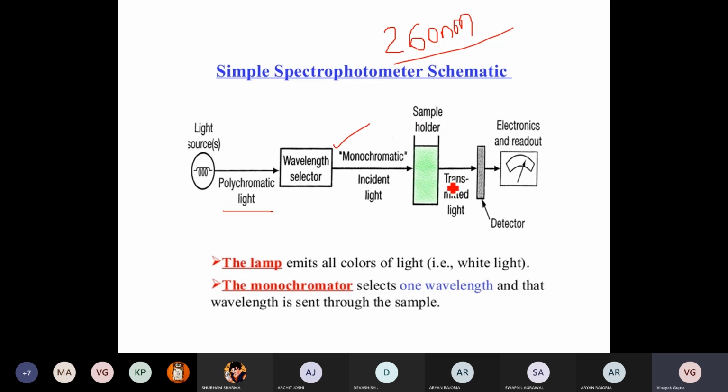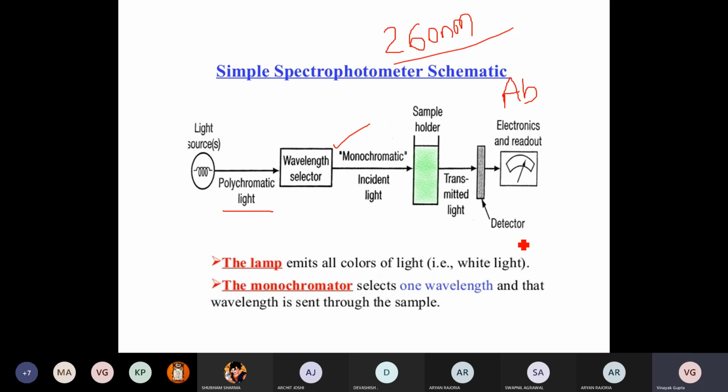Then a sample holder is there where we can fit our cuvette, which has the DNA or RNA sample, and the sample absorbs the light, and ultimately we have the transmitted light. The detector with a readout gives us the absorbance value, that this much light is absorbed. This is the idea.